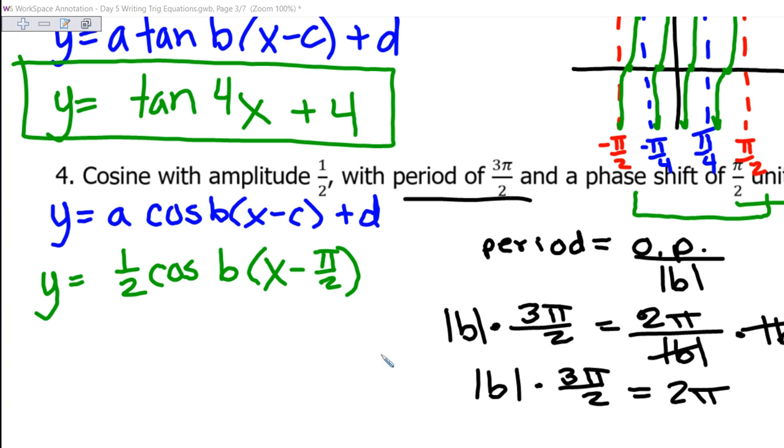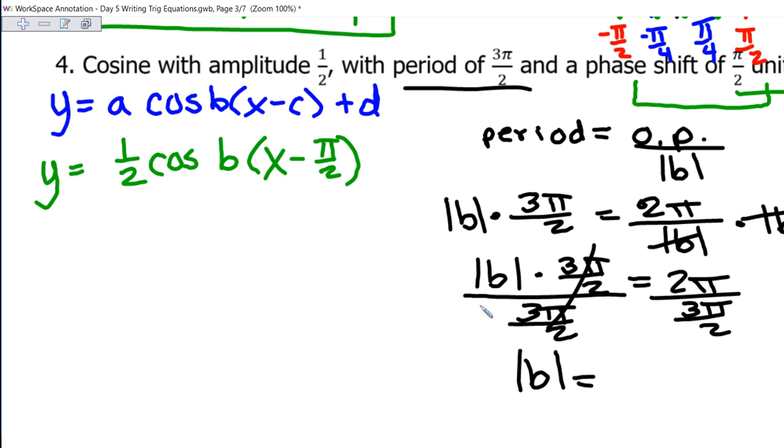Divide both sides by 3 pi over 2. And that gives me the absolute value of b is equal to, I'll leave this at 2 pi over 1, change divide to multiply, and multiply by the reciprocal, which would be 2 over 3 pi.